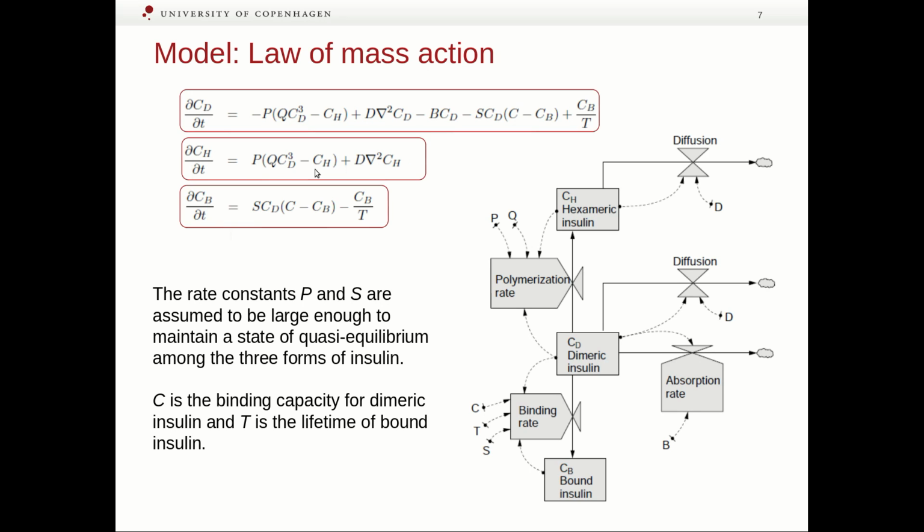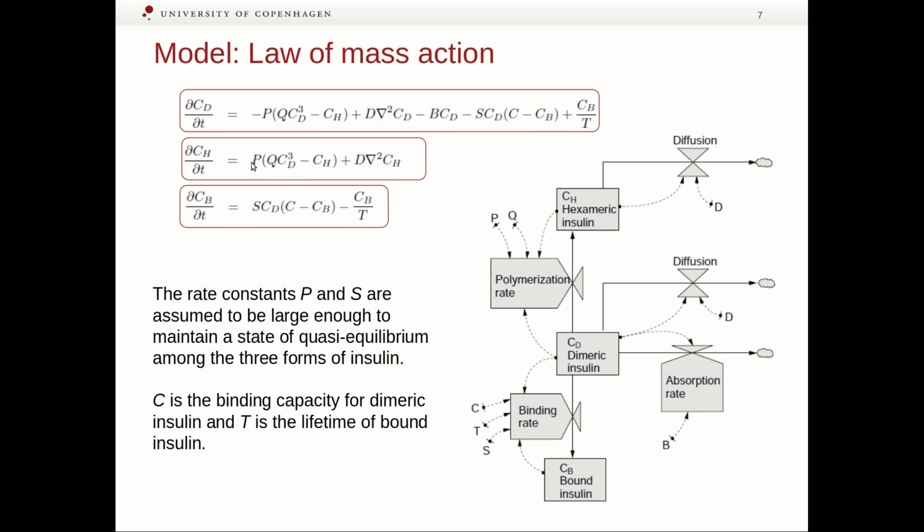In this equation, now we have hexameric insulin. It diffuses in the tissue, so we have a diffusion constant, and then we have Laplace's operator, or Nabla squared, times the concentration here of hexameric insulin.